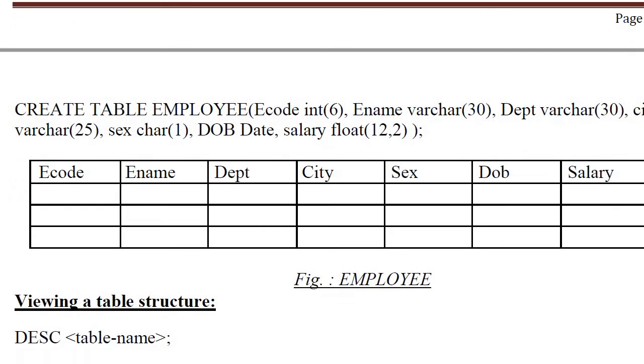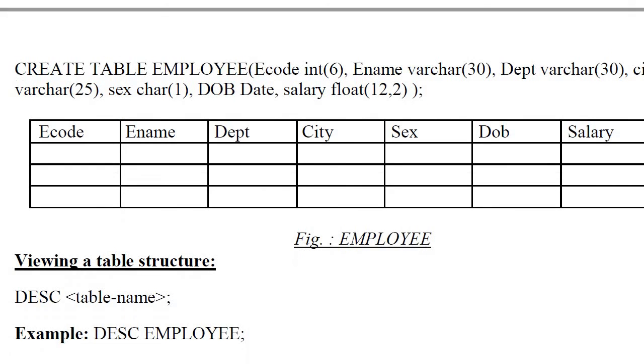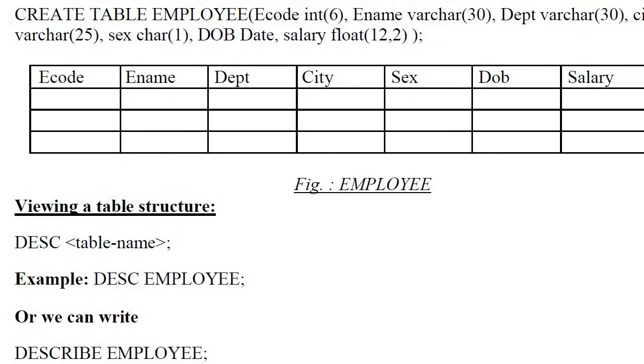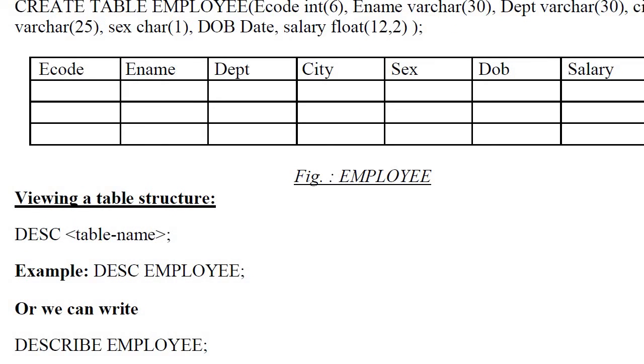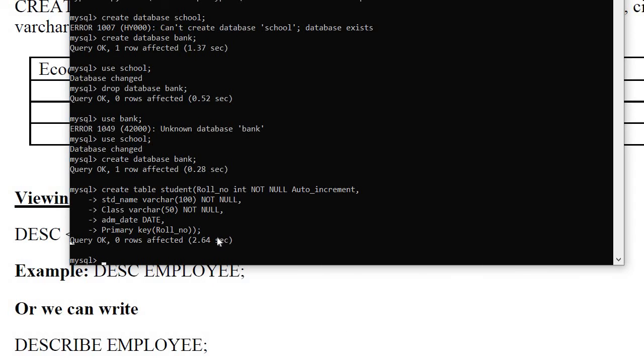Now how will you describe a table? For viewing a table structure, what will you write down? You will write down either in the short form DSC and then your table name. Our table name is student, so I will write down here student.